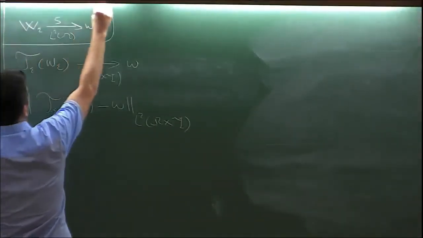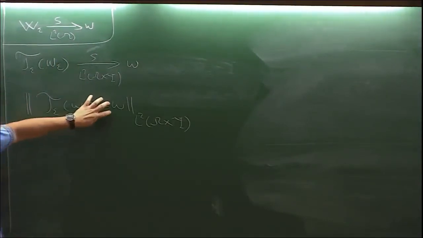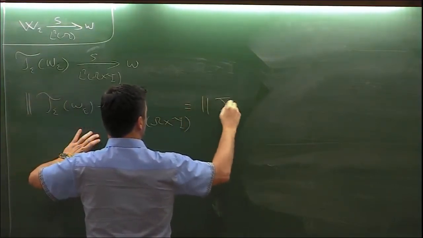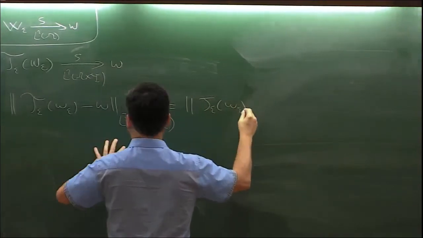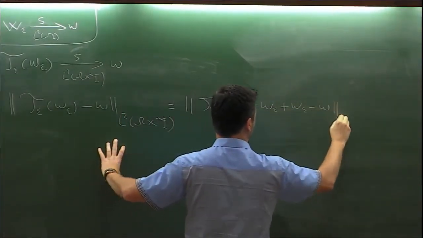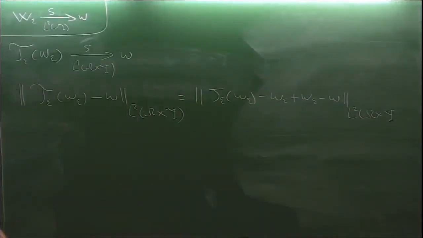We have this piece of information that omega epsilon converges strongly to omega. So somehow, if I put an omega epsilon in here, might help. So let's squeeze in an omega epsilon minus omega epsilon plus omega epsilon minus omega. Well, I say omega, it's W, but okay.